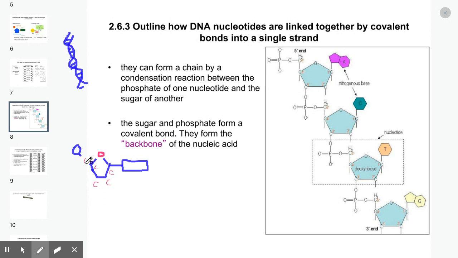When you're drawing and labeling, it's very important that our nitrogenous base has a covalent bond to carbon number 1. And then carbon number 2, carbon number 3, carbon number 4, and very important that carbon number 5 is connected to our phosphate here.